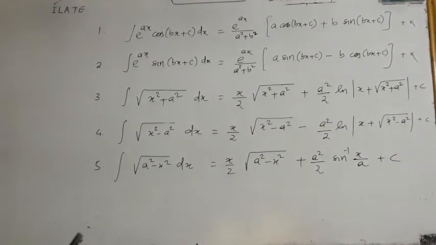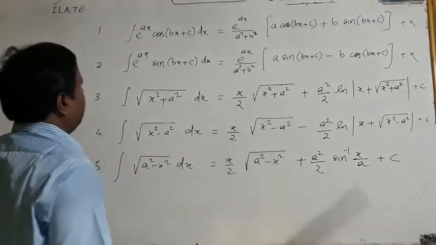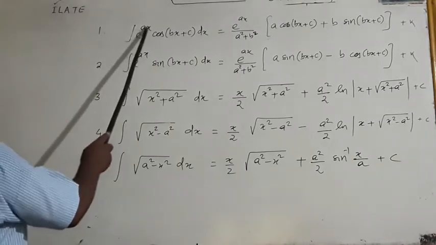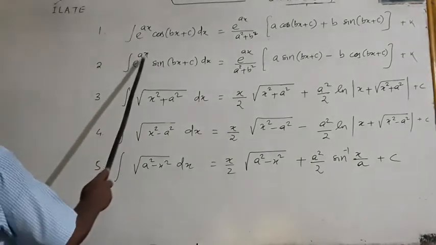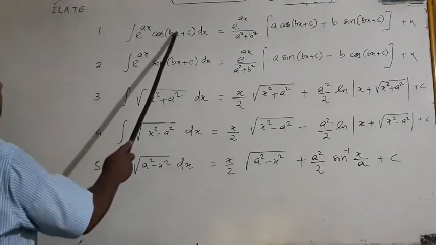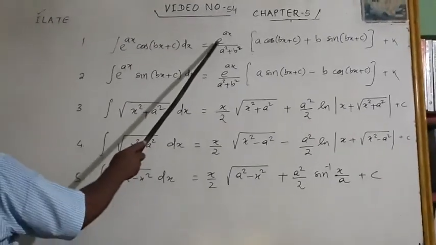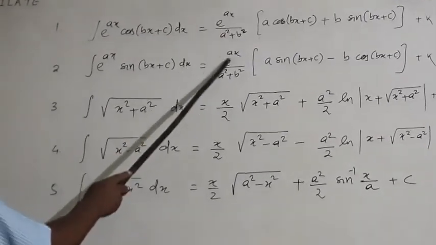There are 5 important formulas, and I am giving you the method by which you can remember them. First, e to the power ax cos bx plus c, and e to the power ax sin bx plus c. In both cases the integration result is e to the power ax, keeping it in the numerator position.